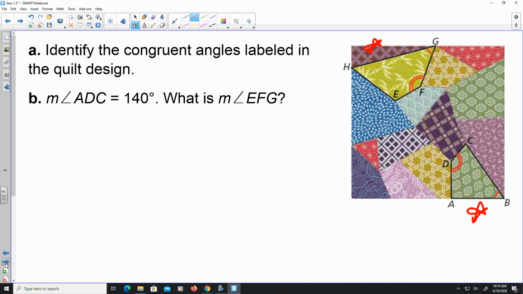Now, kind of like what we had with our hash marks with side measurements, we have hash marks with angle measurements.